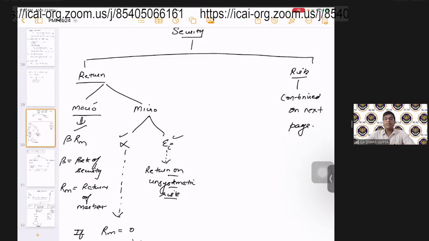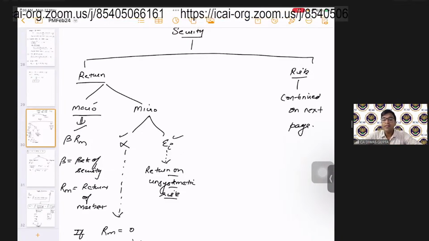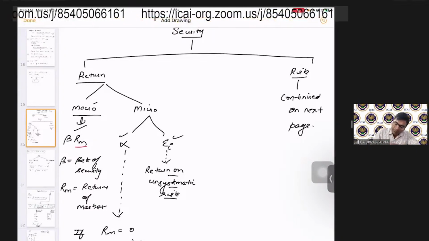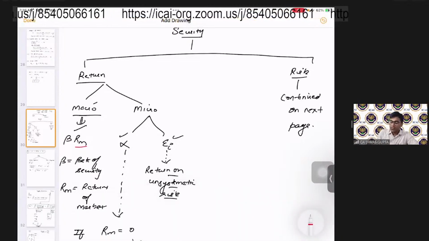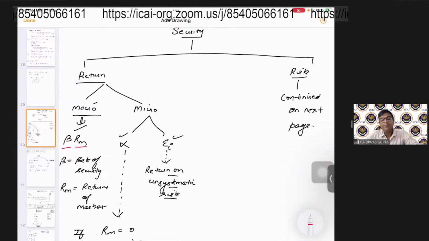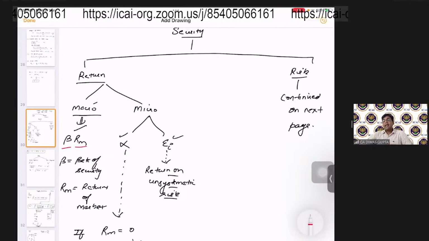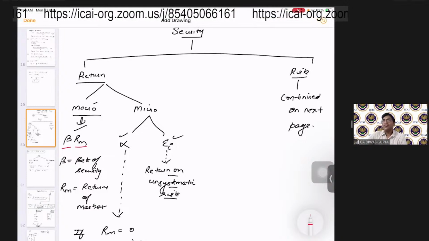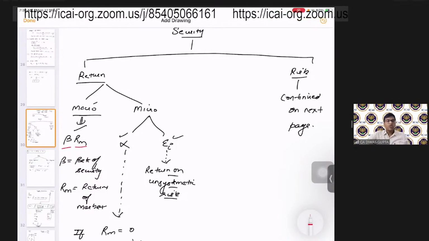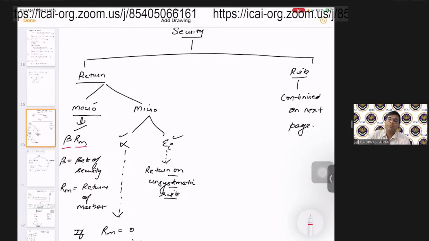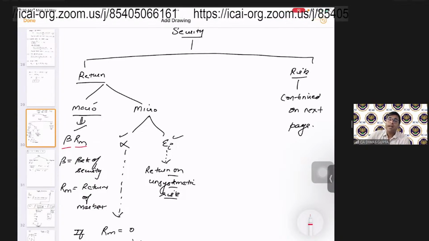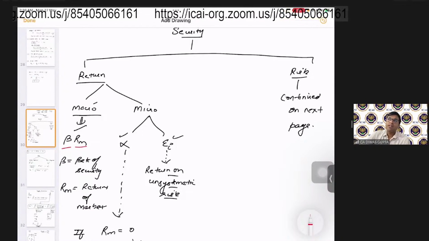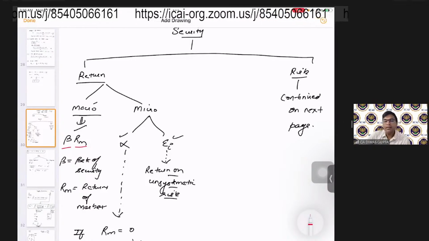Macro is something related to the market that everyone gets, which is the return of the market. So RM is the return of the market. But that return is specific to the market, not to the security, and hence we have multiplied it with beta. That helps in telling us that if tomorrow the market return goes from 10% to 15%, in a similar range the security's return will also go, but adjusting for beta, because beta is really the yardstick between the security's return and the market return. Understood?